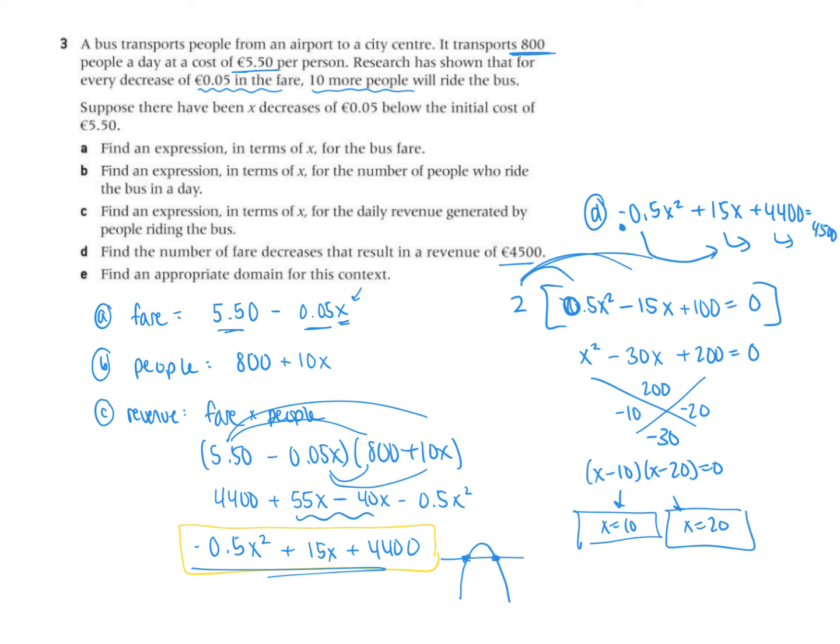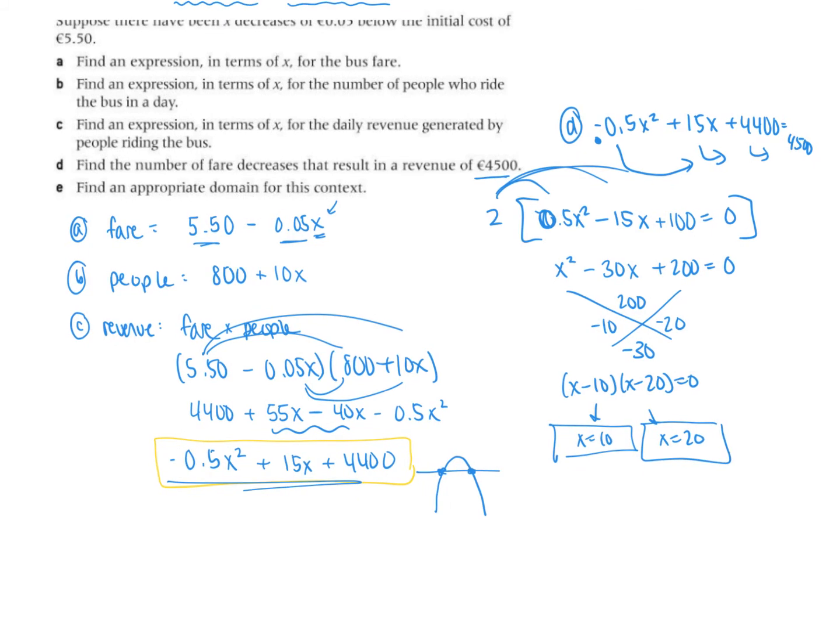And then for E, find the appropriate domain for this context. So basically for the domain, we can't have a negative revenue.